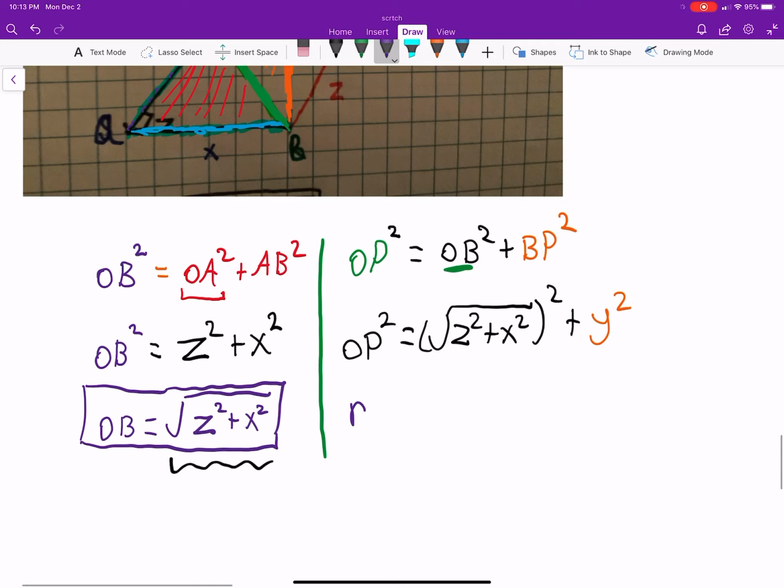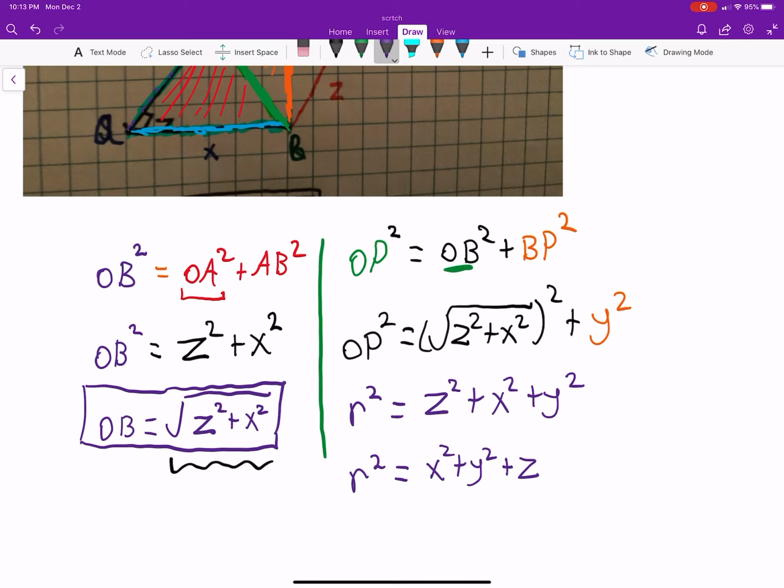So r squared equals, if we square the square root, we just get what's inside. Rearranging to the order we normally see it: r squared equals x squared plus y squared plus z squared.